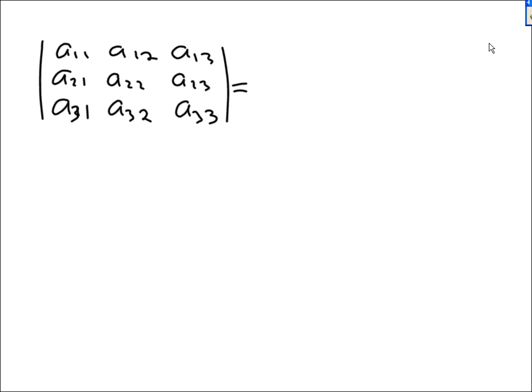Well, it equals the summation of plus minus A1J1, A2J2, A3J3. And we sum over all J1, J2, and J3.